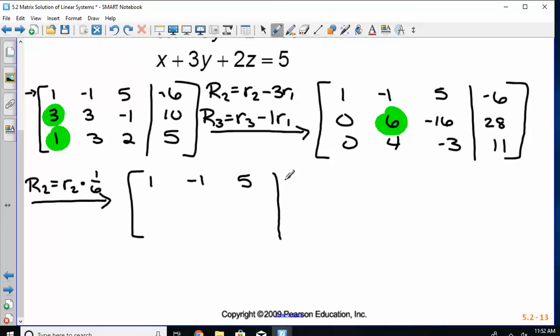So we're not changing row 1 or 3 right now. So 0 times 1/6 is 0. 6 times 1/6 is 1. Negative 16 times 1/6, negative 8/3. 28 times 1/6 would be 14.